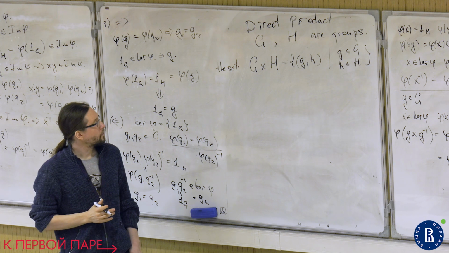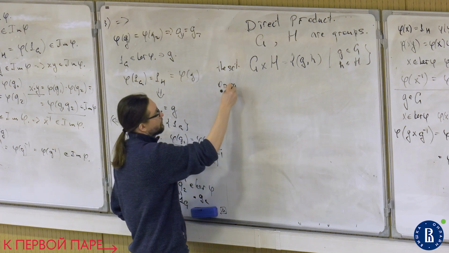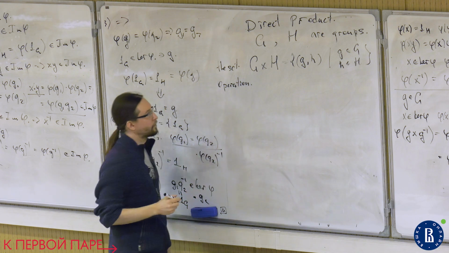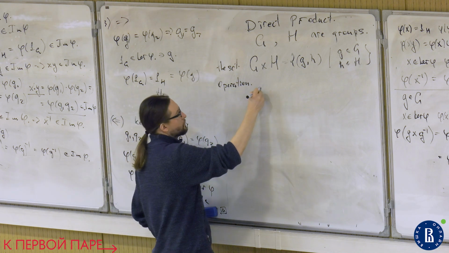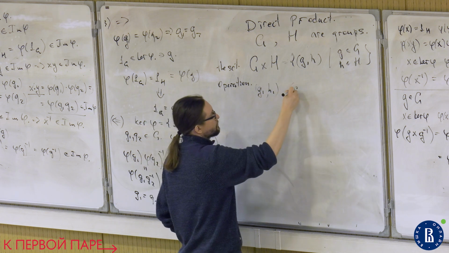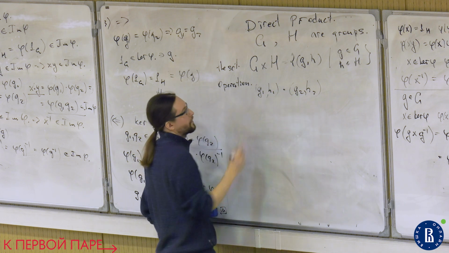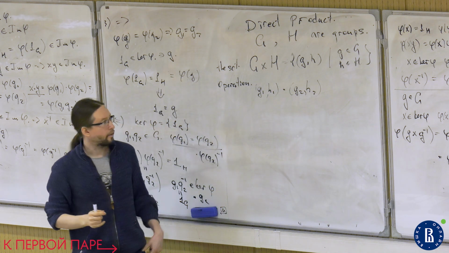Now, I should define the operation. So if we are given two elements, which means we're given two pairs, then I want to define the product of these two pairs.